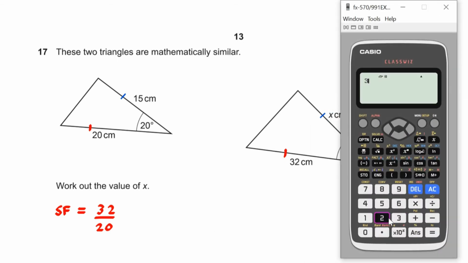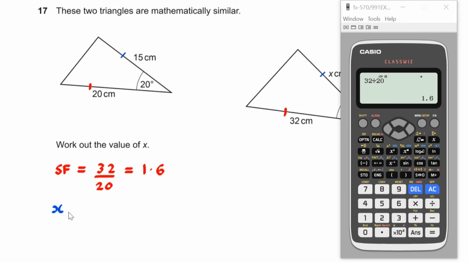So 32 divided by 20 is 1.6. So our scale factor is 1.6, which means to find out what x is, I would have to multiply this 15 by 1.6, which is 24. So we can see then that x is equal to 24.